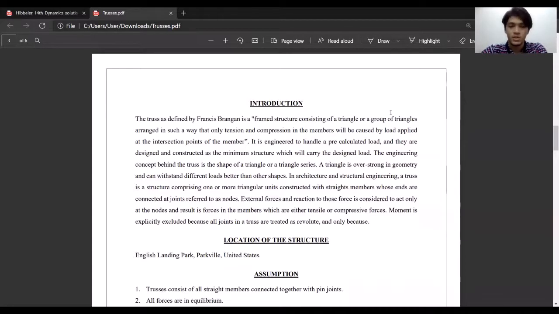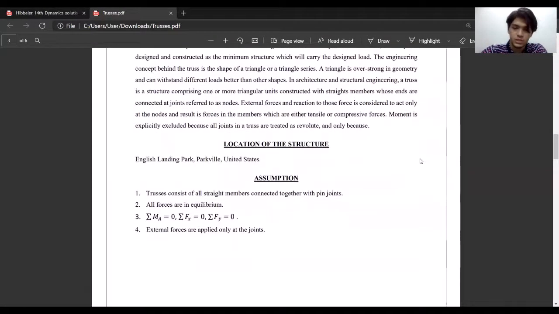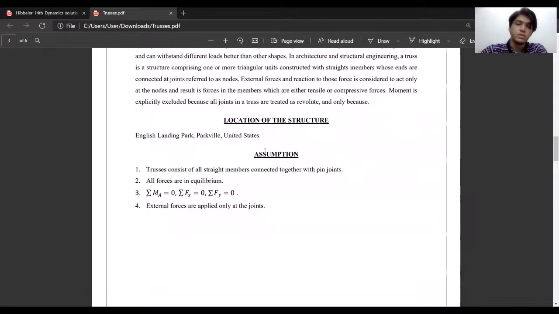So today I'll present about trusses. For the real structure, we have one located in English Landing Park, Parkville, United States. The assumptions that we can make: the first one is that trusses consist of all straight members connected together with pin joints or nodes. The second one is that all forces are in an equilibrium state. The third one is that the total moment is zero.